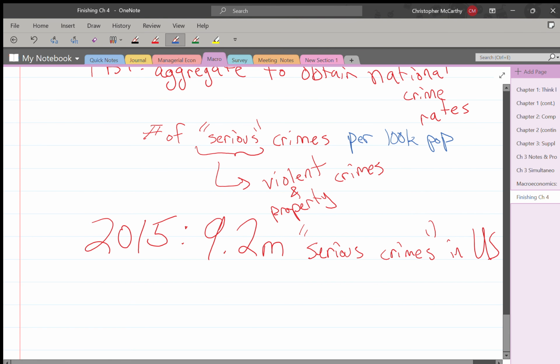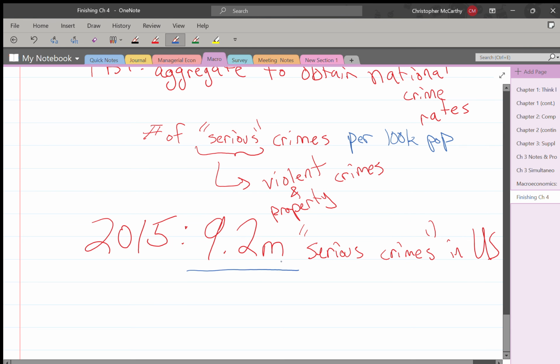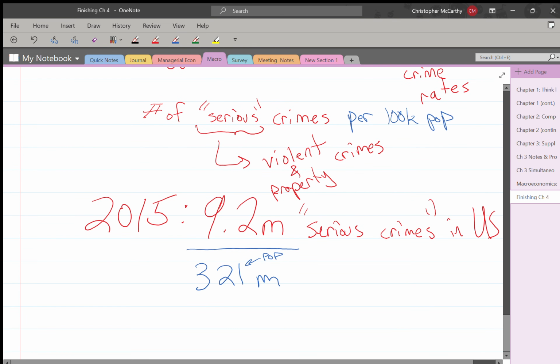And so how do we get that with this number? Well, we take 9.2 million and divide it by the population in 2015, which was 321 million. And then we multiply this fraction by 100,000.